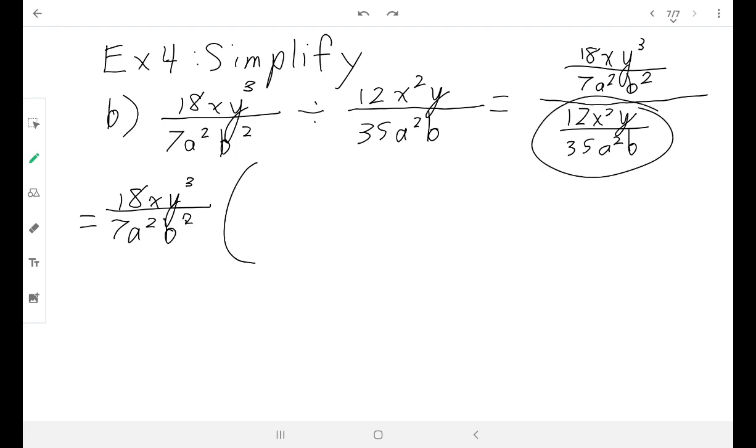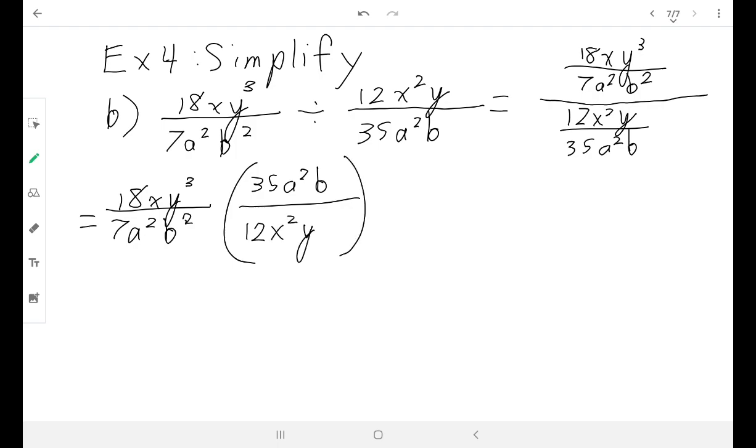So then you flip the second part, so that would then be 35a squared b over 12x squared y. And then we simplify as we did in the last one, and I'm going to write things out now.